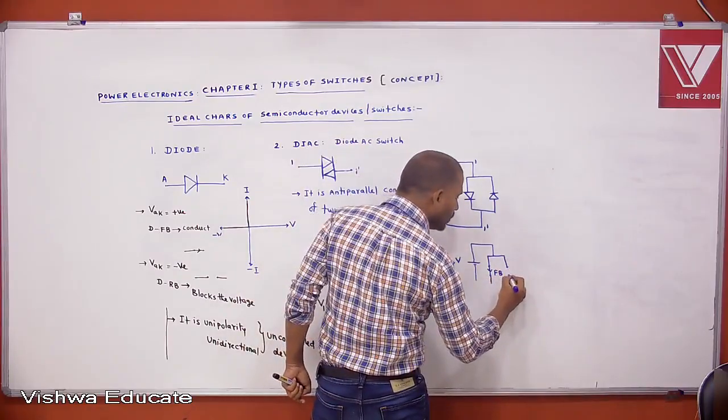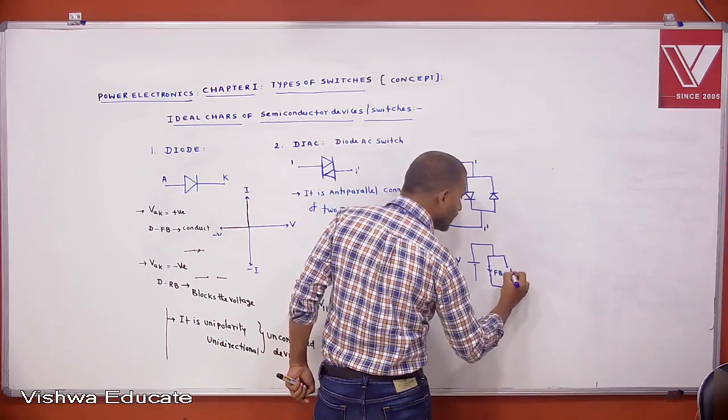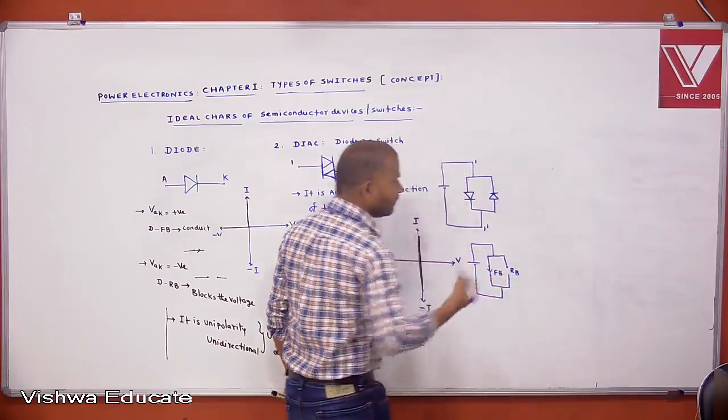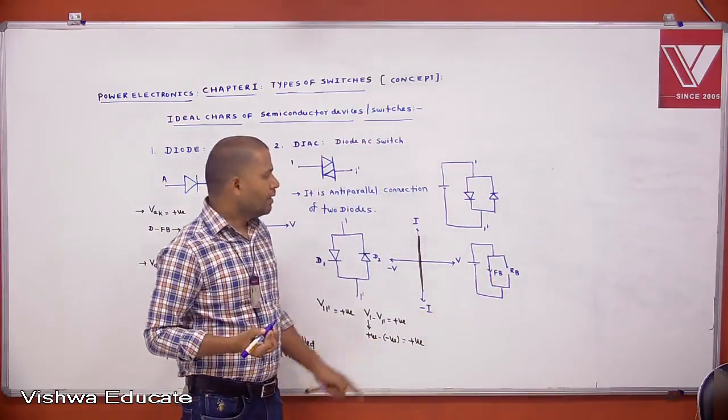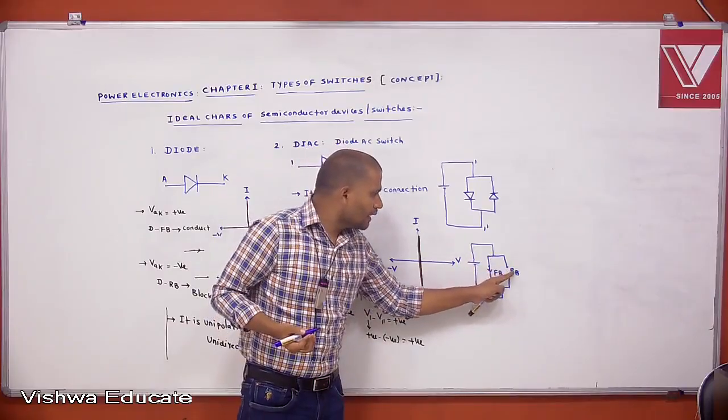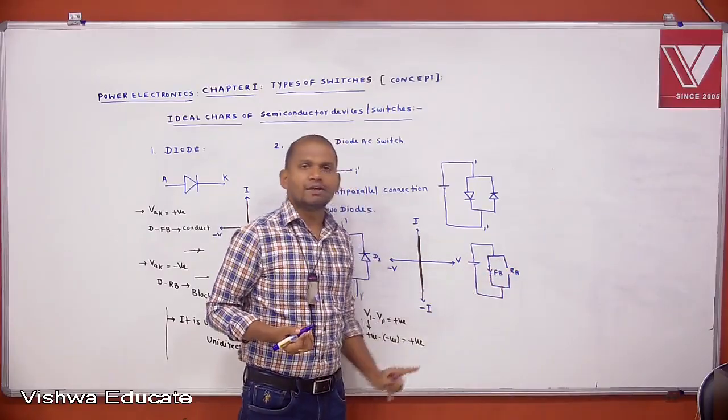What about D2? It is reverse biased. That means one diode is conducting, and the remaining diode is under reverse bias condition.